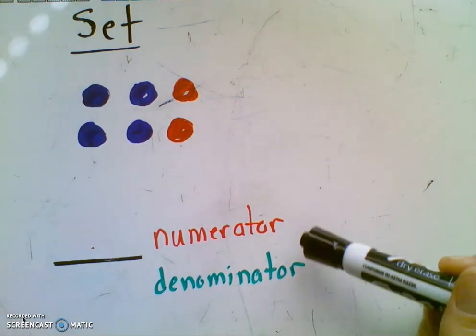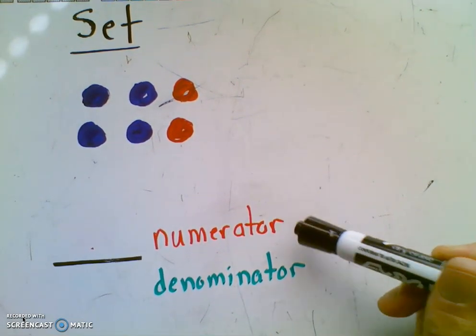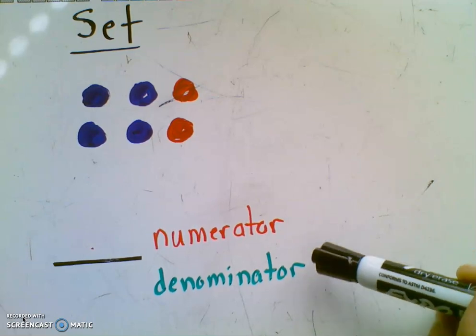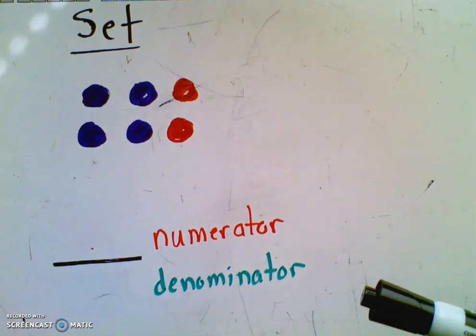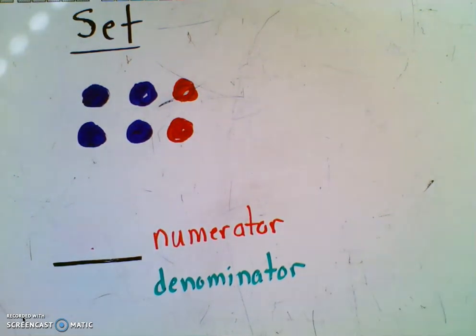So let's talk about our words here again, numerator and denominator. The numerator, remember, is the number of something in a set, and the denominator is the number altogether that makes up a set. So I want to ask you a question. I like to start with this bottom number. I want you to tell me, or think about, how many dots are there in the set?